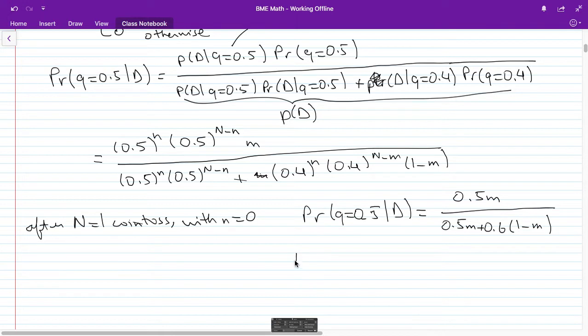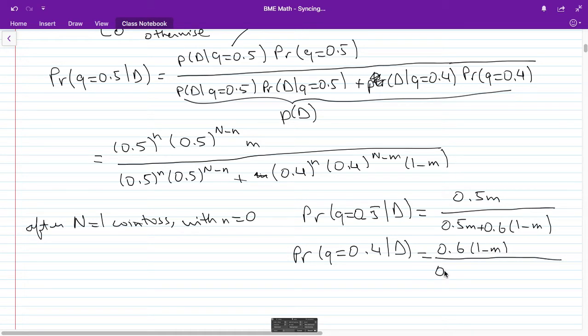That's the probability of it being a fair coin. The probability of it being an unfair coin, given the data, is 0.6 times 1 minus m divided by 0.5 m plus 0.6 times 1 minus m.